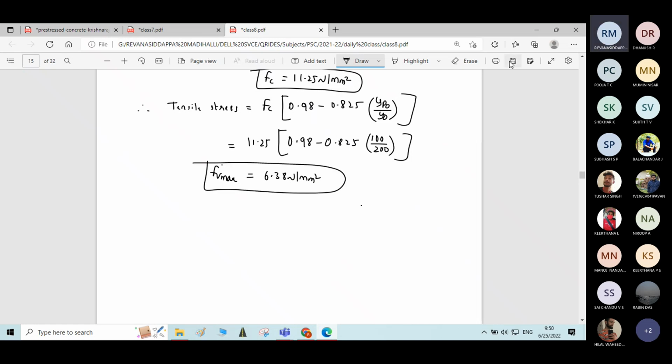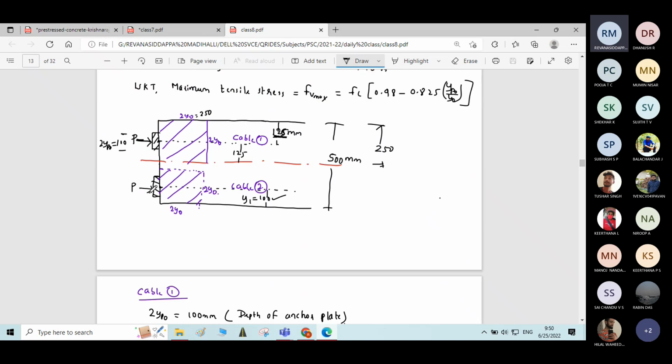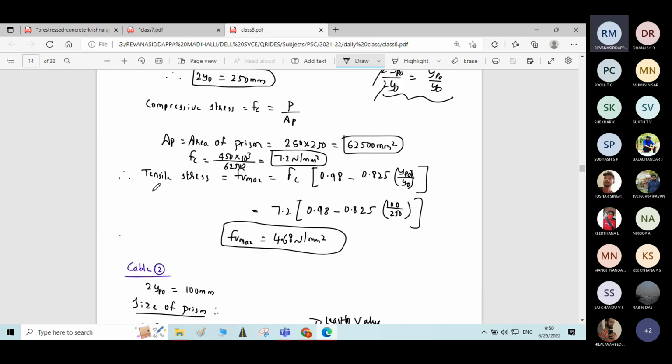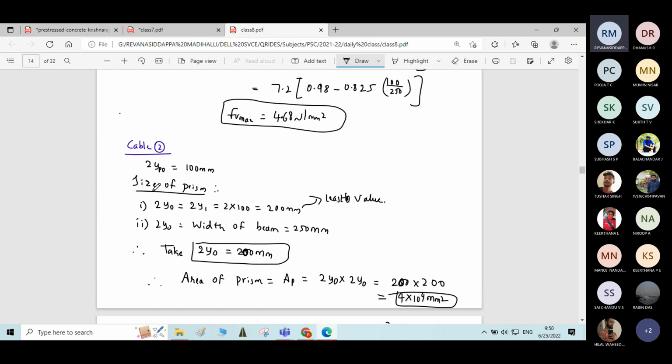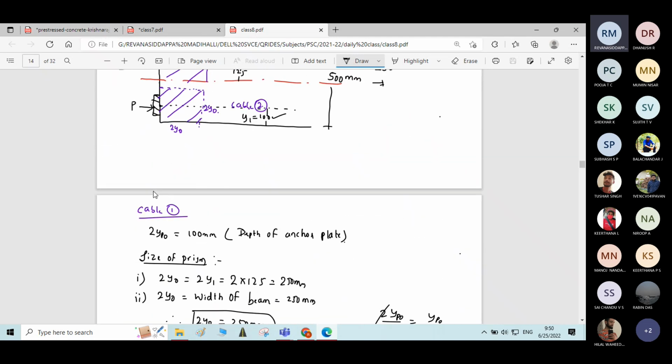So this completes the problem, students. As there are two cables, obviously there will be two different anchor plates for the cables. For two different anchor plates, we have to individually find the tensile stresses corresponding to cable 1 and cable 2. The procedure is very simple.